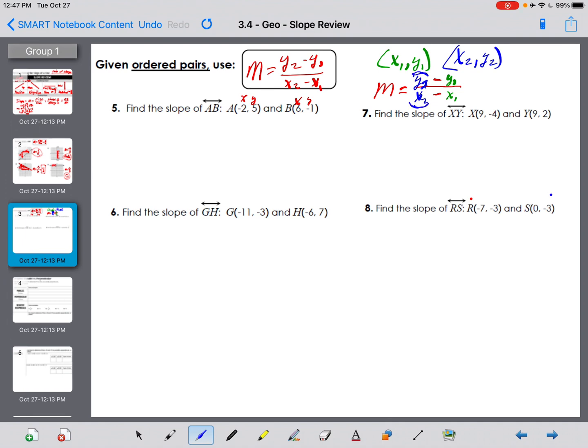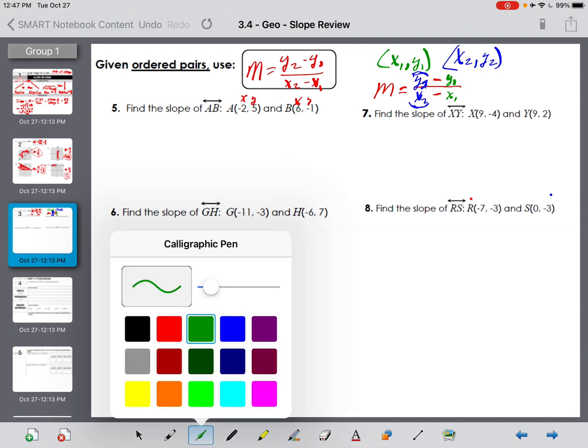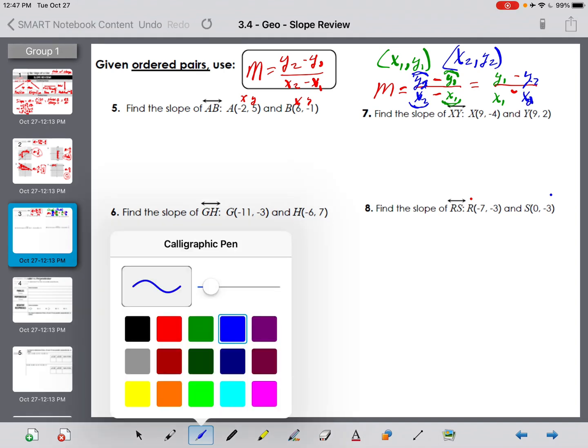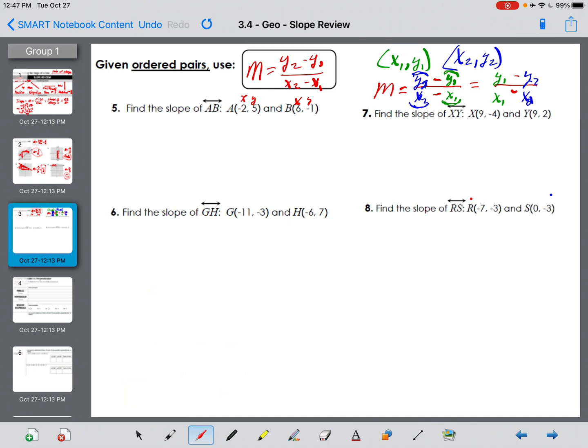What matters is the coordinate is on top of itself, and the other coordinate is on top of itself. It doesn't matter if you switch them up and you put y1 and x1 in front and y2 and x2 in back. What matters is the y's must be on top and the x's must be on bottom, and the things from a coordinate need to be on top and bottom of each other.